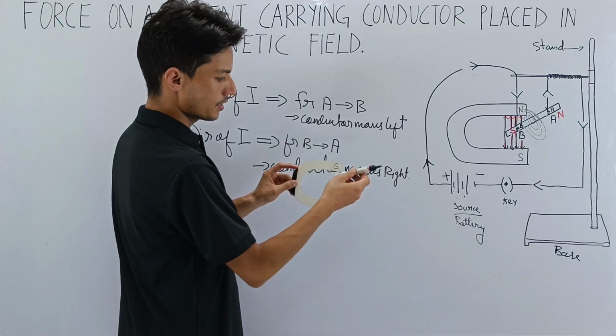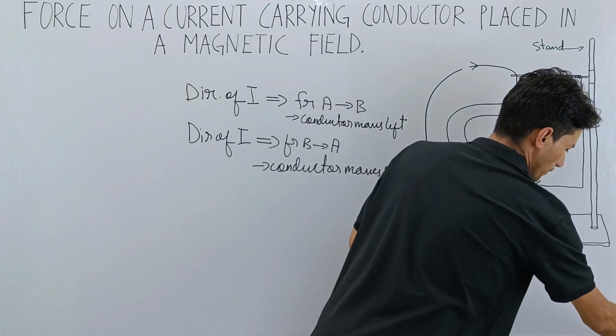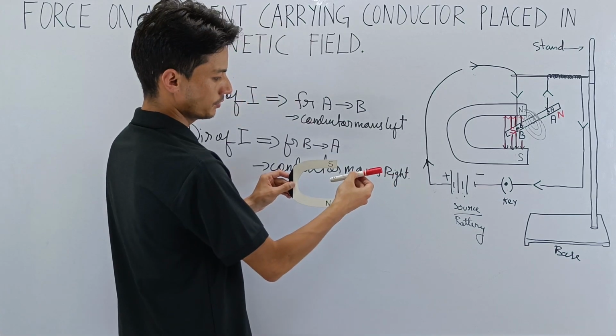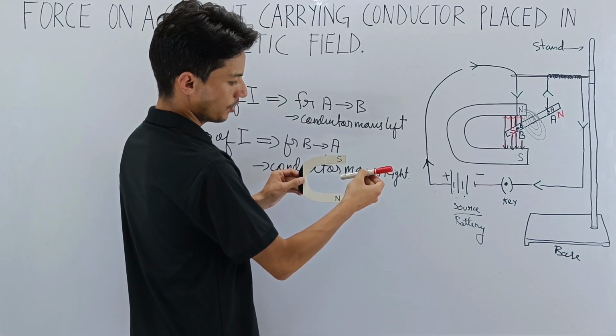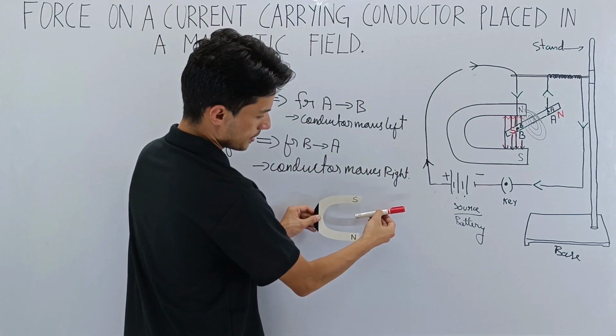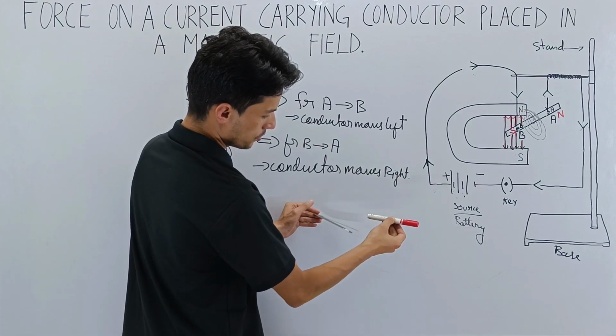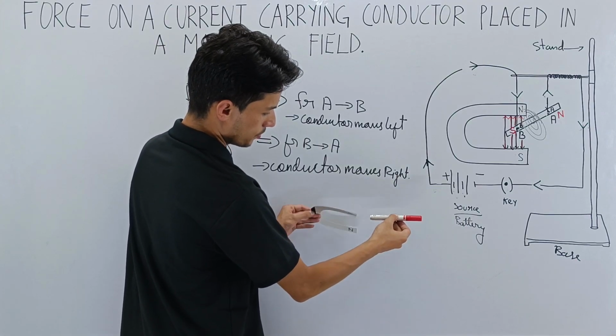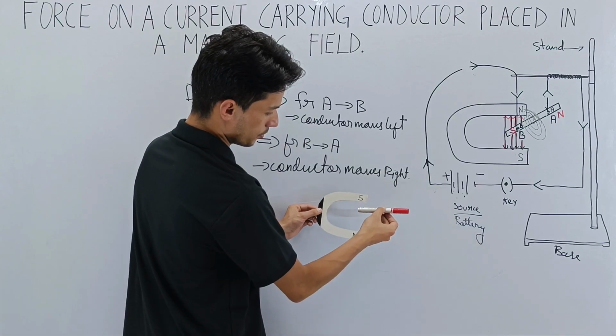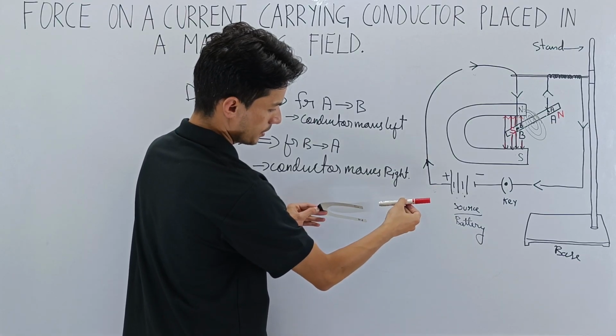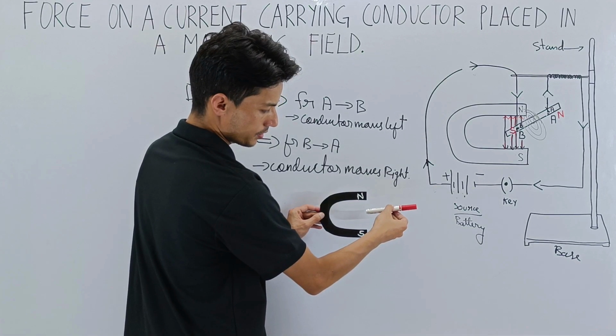So previously south south, now see the direction. This south goes down and north comes up. So this white part is south, this also south. It was going like this. Now the magnetic poles have changed.